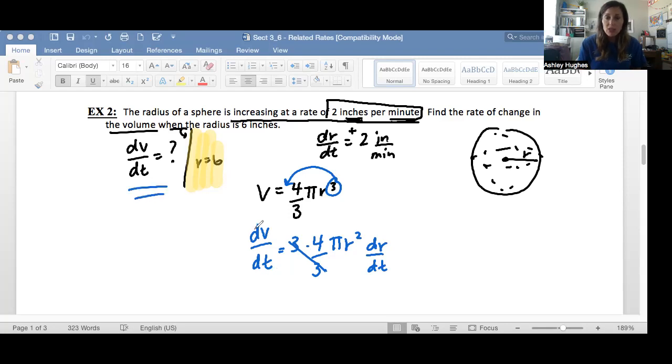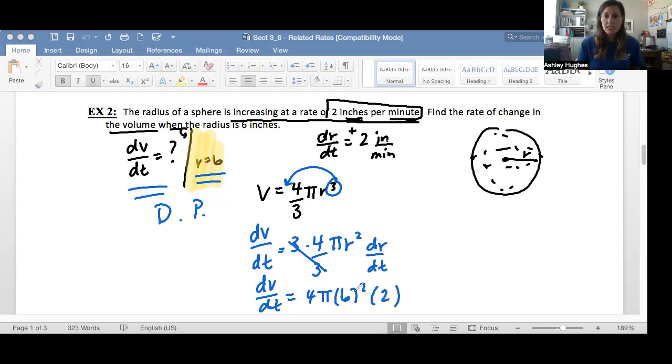Now, at this point, after I take the derivative, then you can plug in. You like Dr. Pepper? DP. Hopefully you remember that: Dr. Pepper. Derivative, then plug in. Now I can plug in this stuff because it's after I took the derivative. So dV/dt equals 4 pi, what's the radius? 6 at this instant, squared, and dr/dt is 2.